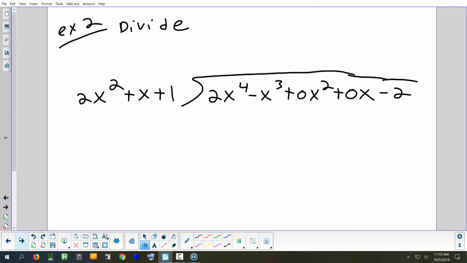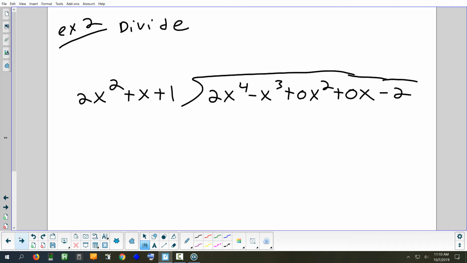Okay, let's try this one. So this time we have a trinomial that we're dividing by. We were missing a few terms, but I had already filled in the zeros for those. One thing we're going to notice about long division is you need a lot of room down and to the right.